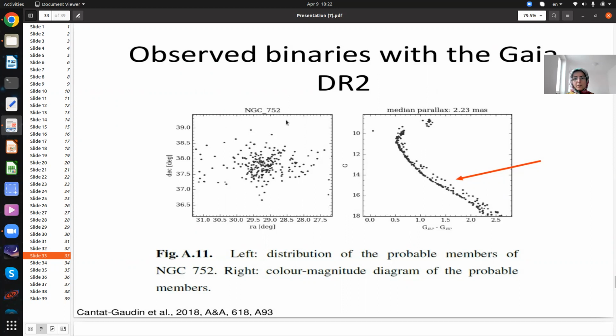We have this open cluster NGC 752. If we draw the plot in the HR diagram, we see a main sequence, and then we see binaries parallel to the main sequence.